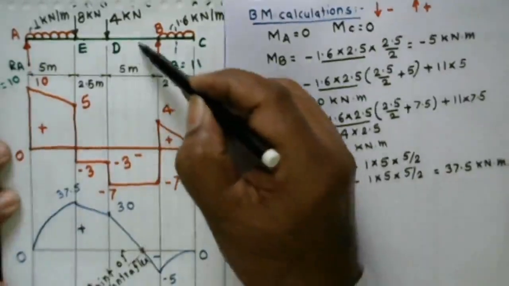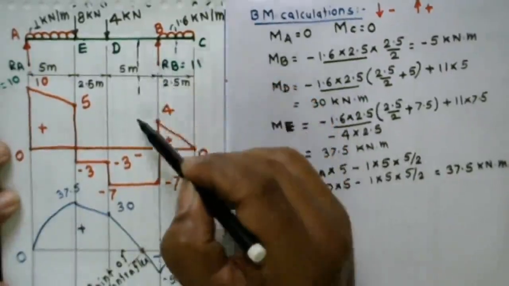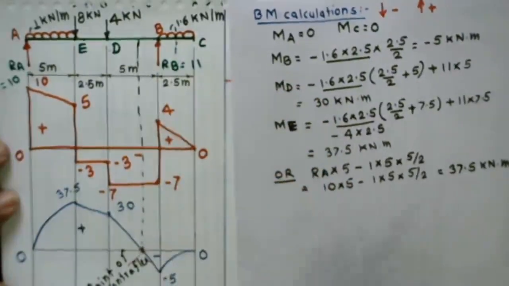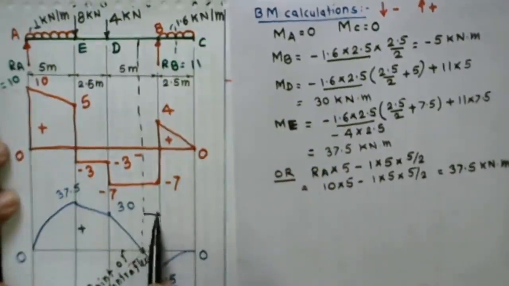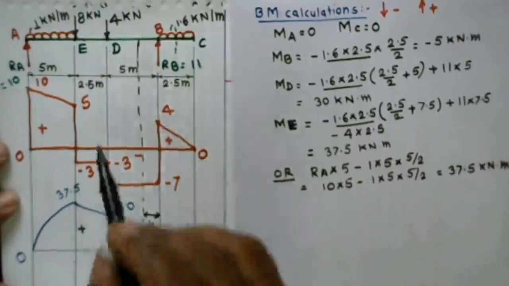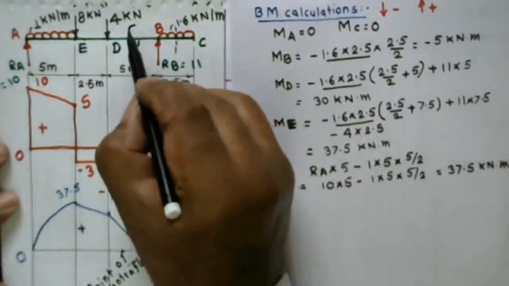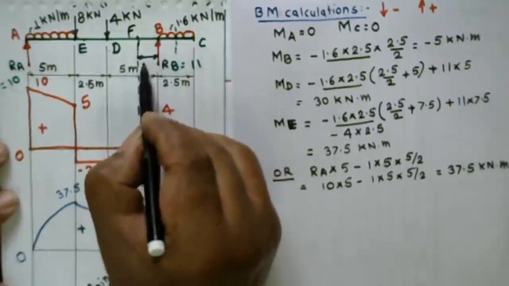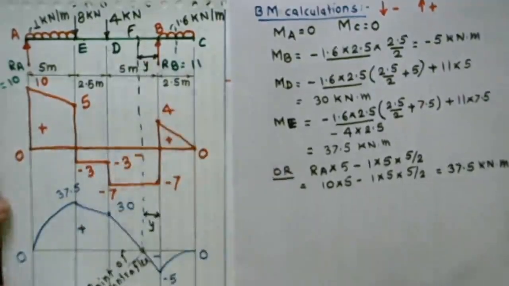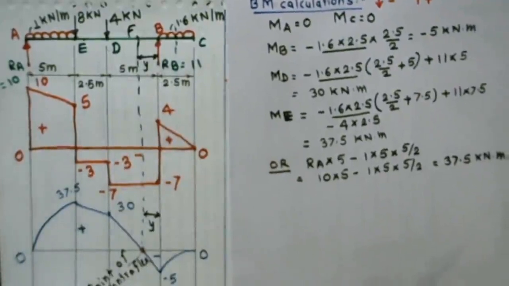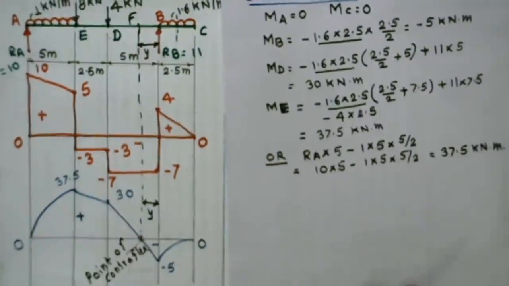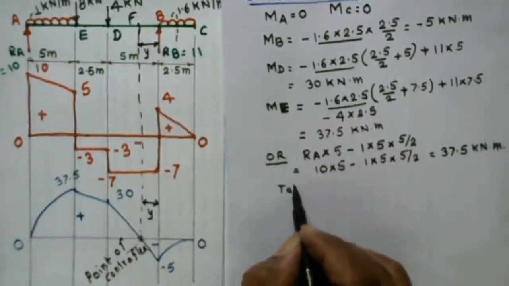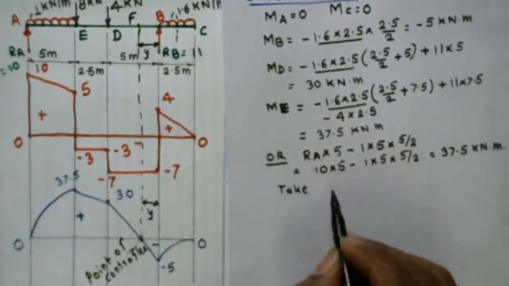In that case, if we take distances up to the lower diagram, on this side we will say this dimension is y, at A, B, C, D. Here I say this point is F, and here also I am showing the dimension y, and we have to locate y. So to locate the distance y, we have to take the moments about the point F and equate with 0.